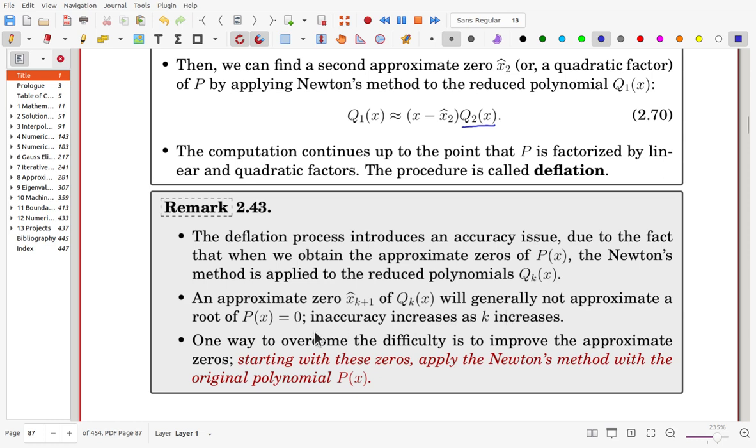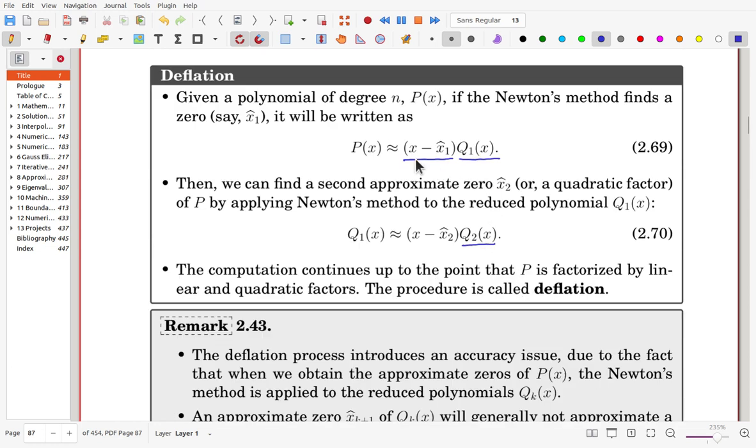In fact, this factorization will include an error, and for the error, one more factorization will add one more error, so that later on, if you find x1 hat to xn hat, the error will become larger.